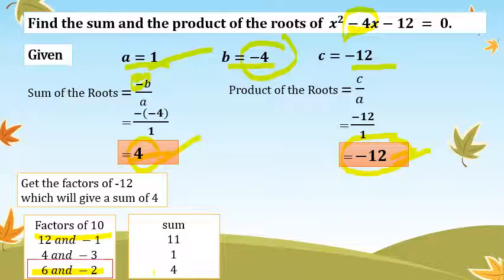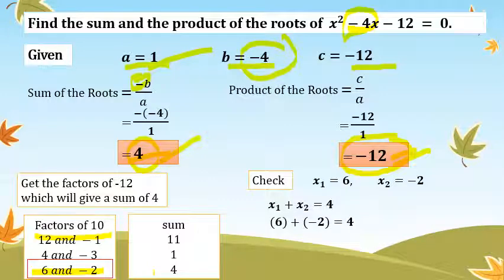I-try natin. So, let us check. X of 1 equals 6 and x of 2 equals negative 2. So, kunin natin ang sum of the roots. So, x of 1 plus x of 2 equals 4. Palitan natin ng given. So, 6 plus negative 2 equals 4. 4 equals 4.